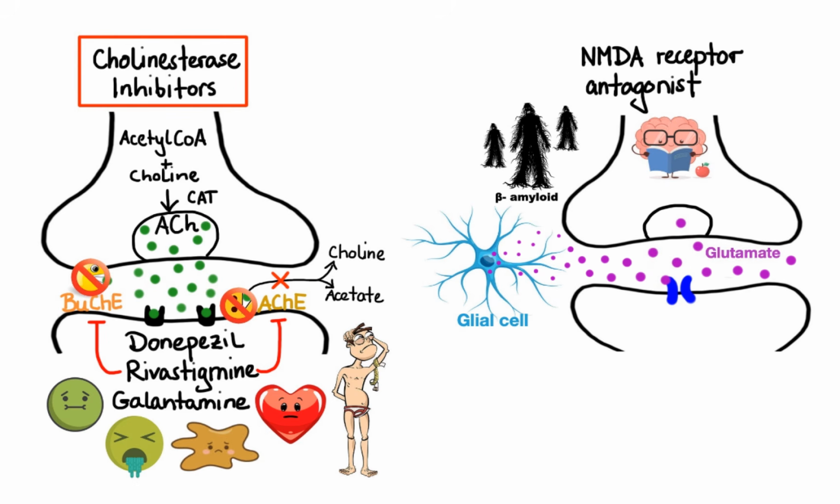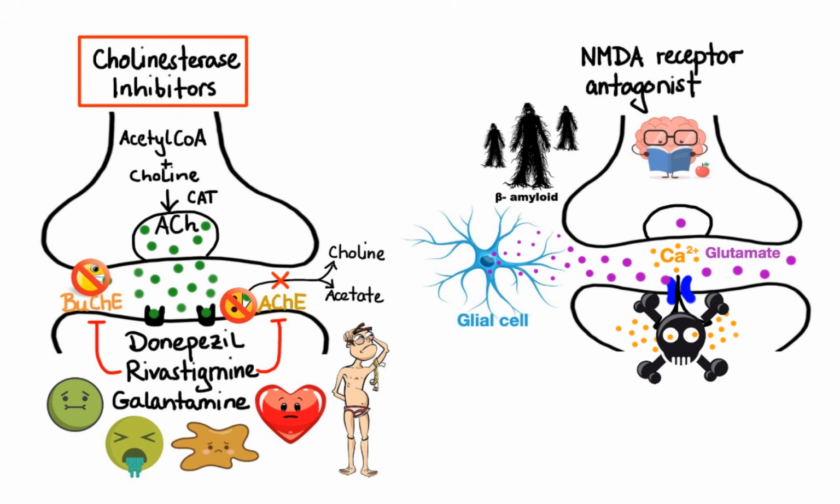Now, as you may know, the binding of glutamate to the NMDA receptor results in an influx of extracellular calcium, which controls membrane excitability and synaptic transmission. So when glutamate levels become abnormally elevated, overstimulation of NMDA receptors can result, leading to excessive influx of calcium, ultimately causing cells to rupture and die.